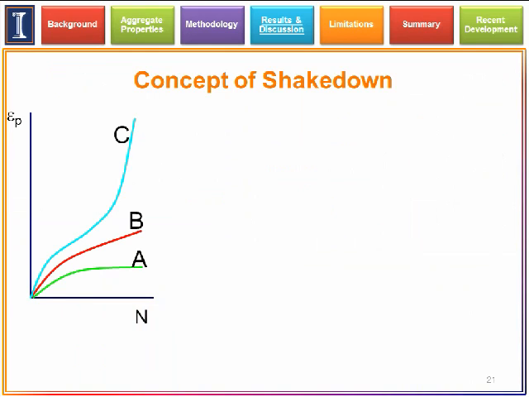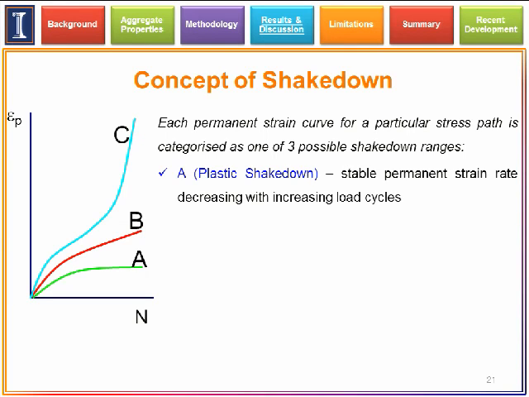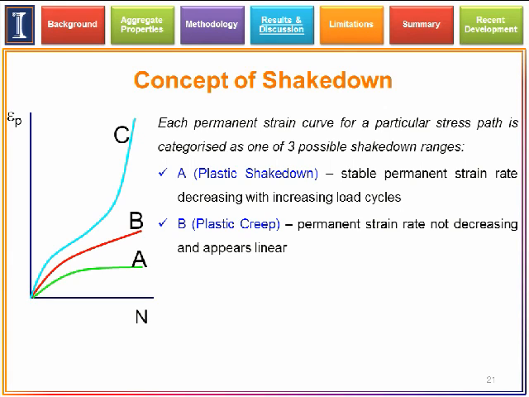Now the concept of shakedown. Each permanent strain curve of a particular stress path is categorized as one of three possible shakedown ranges. A is plastic shakedown, where you have a stable permanent strain rate decreasing with the increasing load cycle or stabilizing like this. Then you have zone B, plastic creep, where the permanent strain rate is not decreasing and appears linearly increasing.